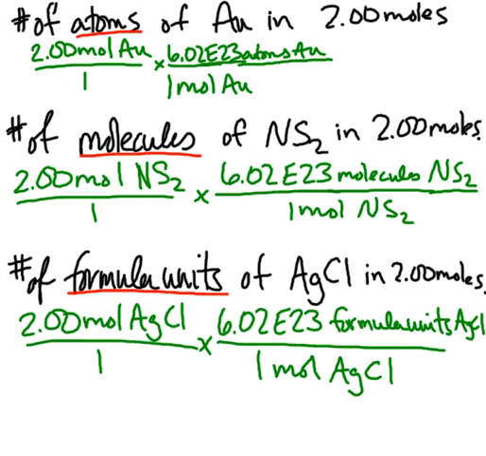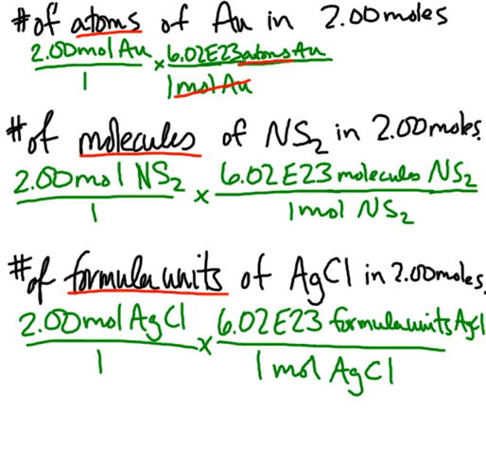But if you notice, I'm doing the same thing in each step. It's just I'm calling my final answer something different because of the nature of what I'm finding. If you look at the first one, the number of atoms of gold in 2 moles of gold. I have 2 moles of gold in the first step, and then in the second step, I have 6.02 times 10 to the 23rd atoms of gold over 1 mole of gold.